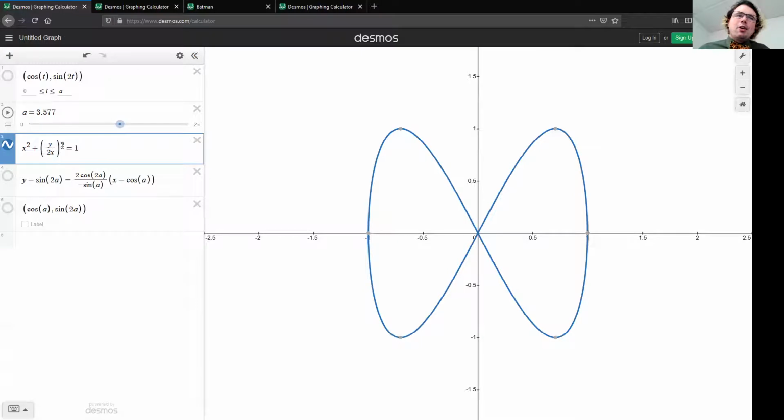And similarly, the largest that y could get, well, y divided by 2x has to be between -1 and 1. So y has to be a number between twice x and negative twice x. So that at least explains why this shape can fit in my screen here.